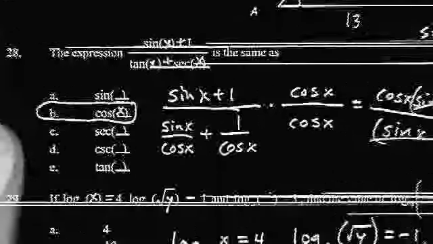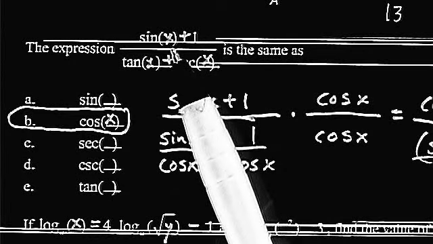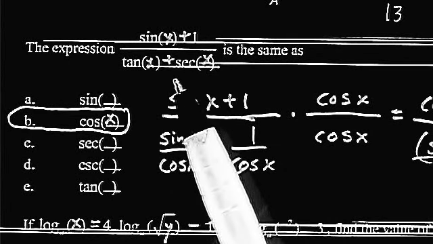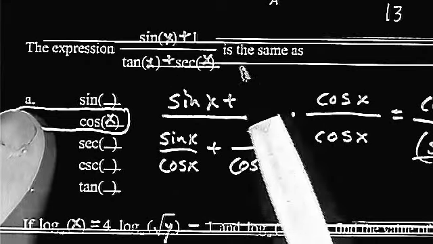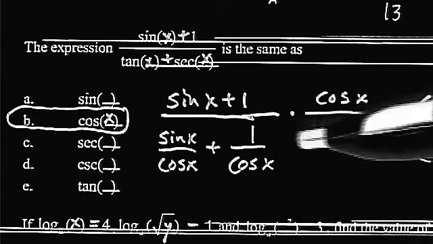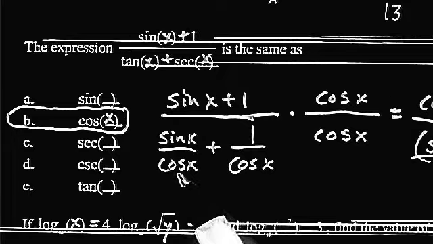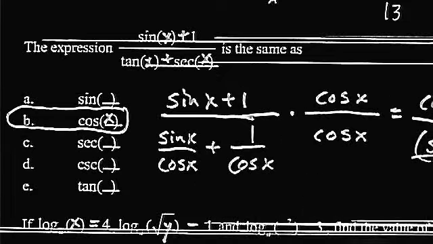Once again, if you actually go to the correct practice test, you'll see this is the correct question to start with, and then they said which one of these is the same as this. So I started out with that. I replaced tangent x with sine x over cosine x, and I replaced secant x with 1 over cosine x.